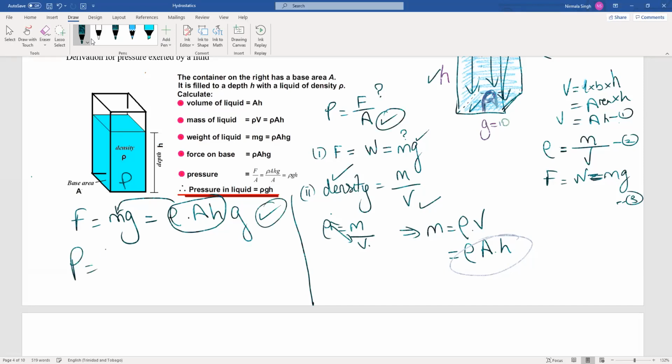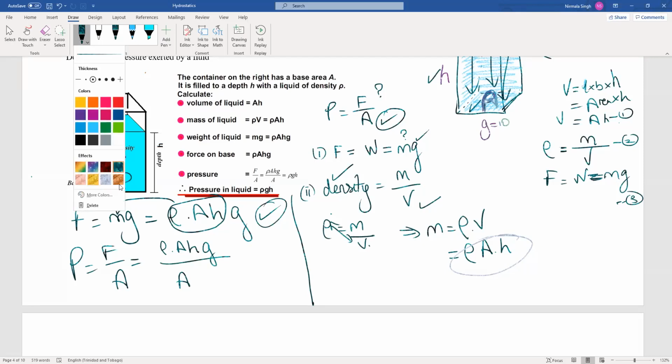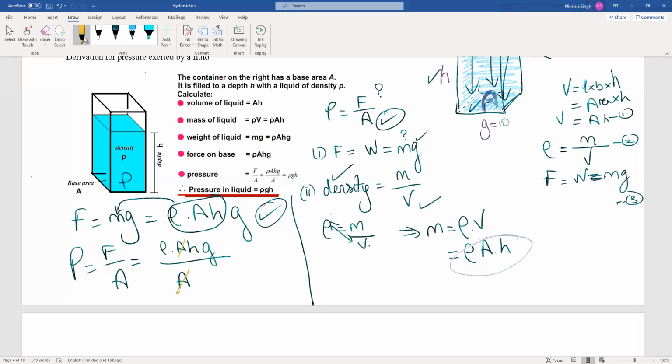Our pressure is equal to force over area. So let us get our expression for force. Force is given by rho by area by height of the container by gravity. And now we're going to divide by area. Our areas are going to cancel each other because they are the same. And we're going to be left with rho by height by gravity.